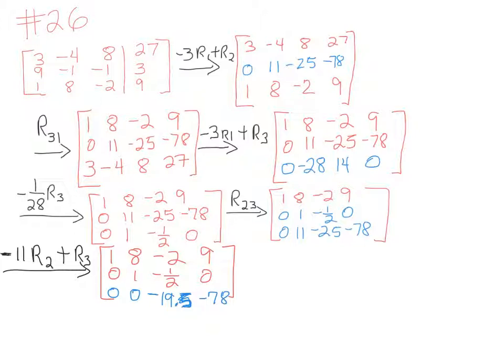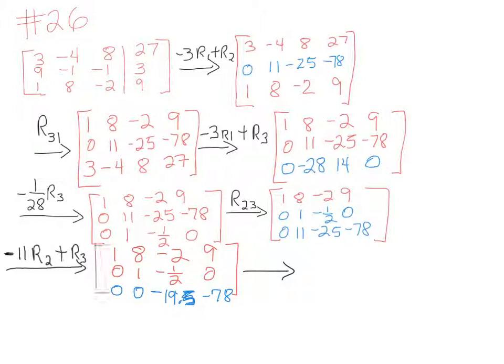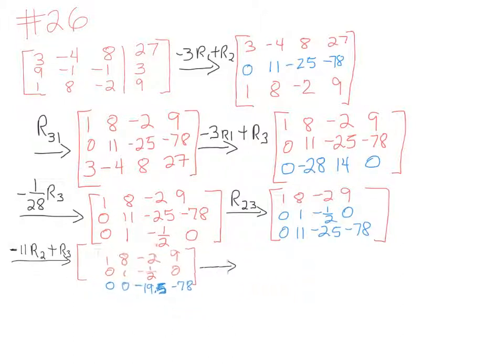How can we make that into a 1? What should be the formula? How do you make a number into a 1? Well, just multiply by the reciprocal of the number.